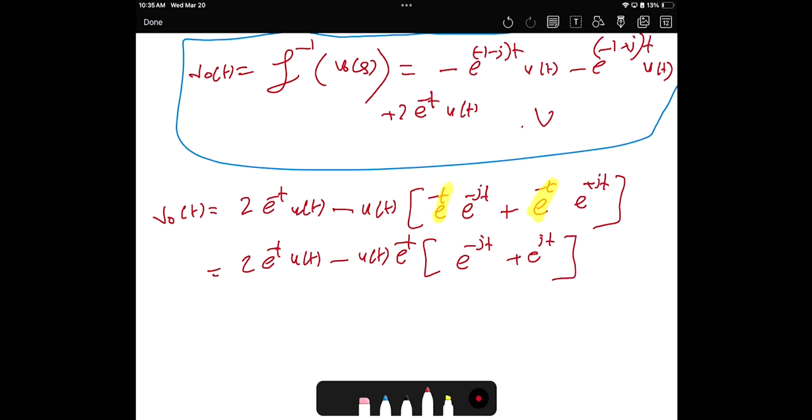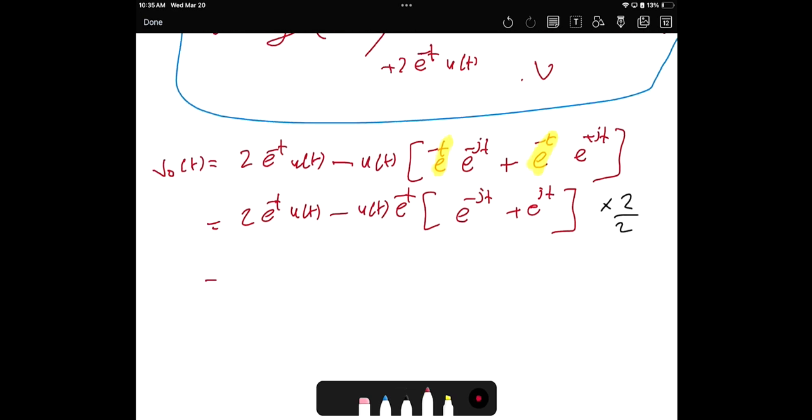Okay, what should I do next? Multiply 2 by 2 both sides. So we will say 2 e power negative t u of t minus 2 u of t e power negative t, then e power negative jt plus e power jt divided by 2.